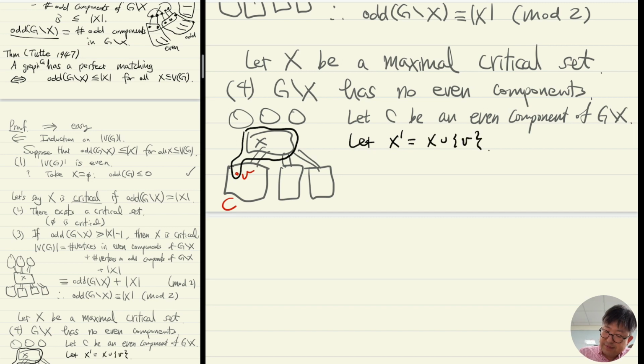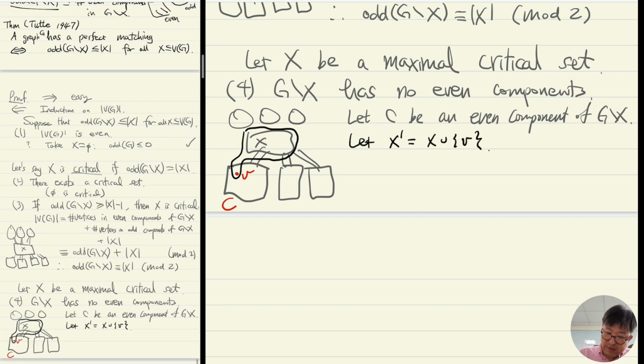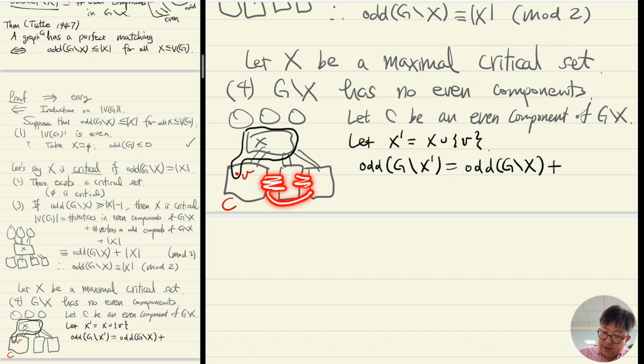And what's going to happen? So the number of odd components in G delete X prime is what? Well, the previous odd components stay as odd components, so that's good. So that's the number of odd components in G delete X plus, and there's no edges from this C to other odd components, right?